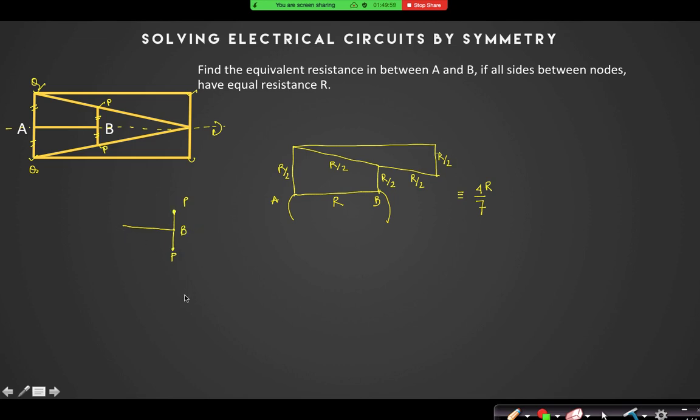If these two points are at the same potential, can I keep B here and put the two P's in one place? I have folded the resistor which is below the line AB about the line AB. I have folded it upward. So now these two points have the same potential. So can I say that they will be in parallel?